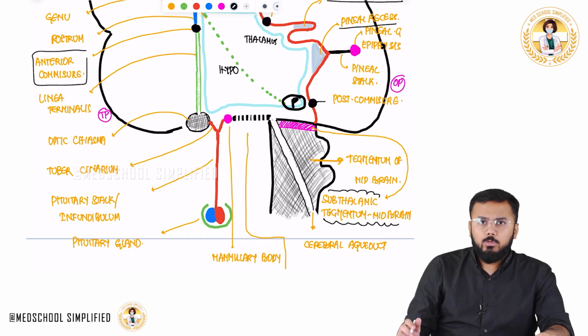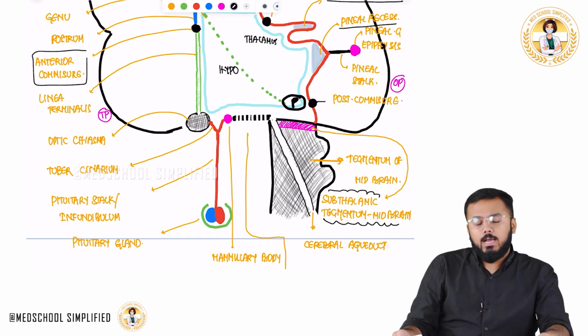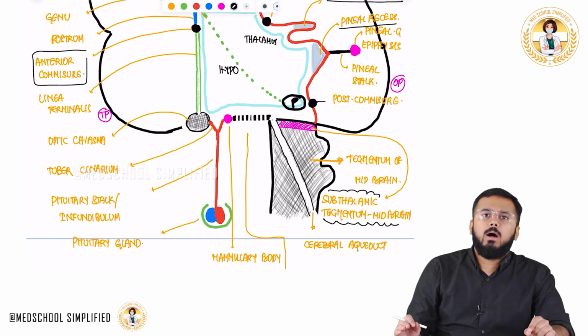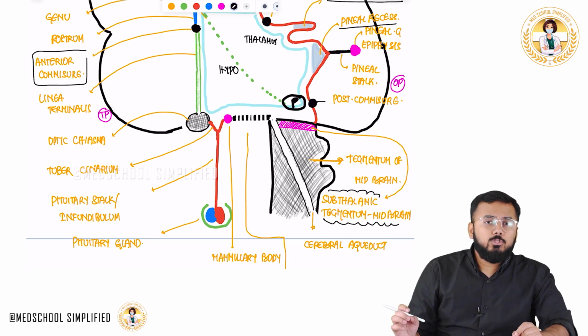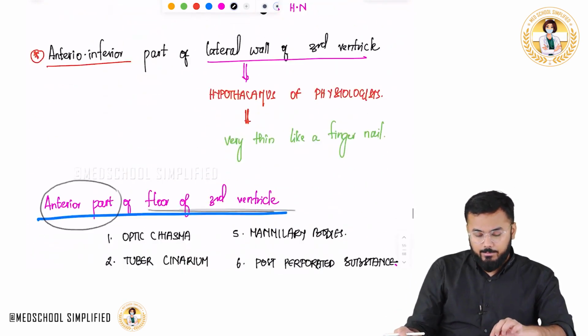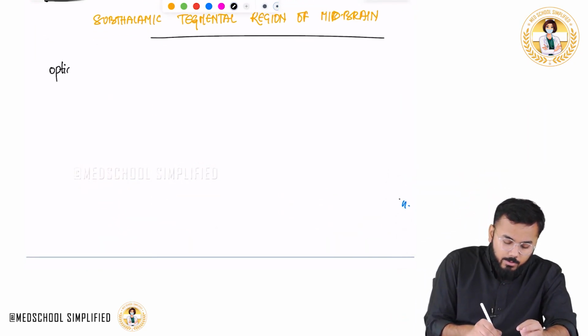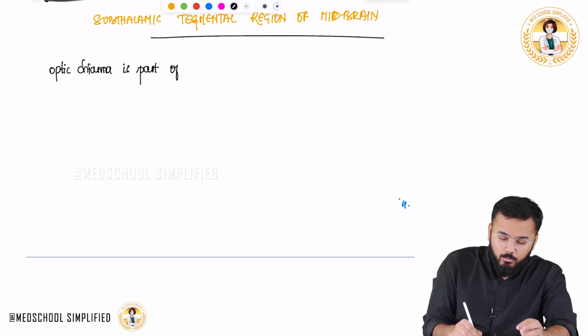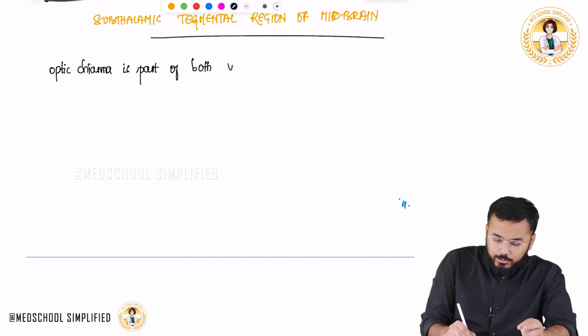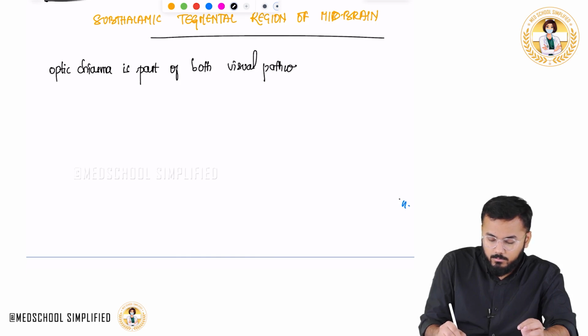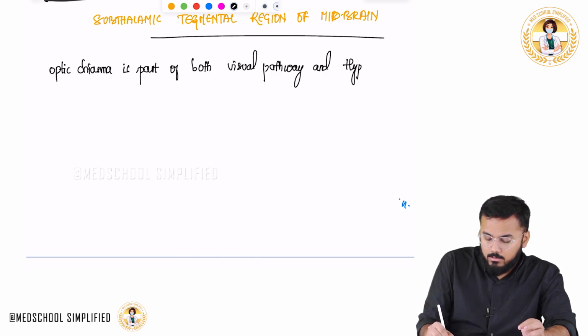So you need to note down that optic chiasm is not only part of the visual pathway, but it is also part of the hypothalamus. So this is one very important thing. You need to know that optic chiasma is part of both the visual pathway as well as the hypothalamus.